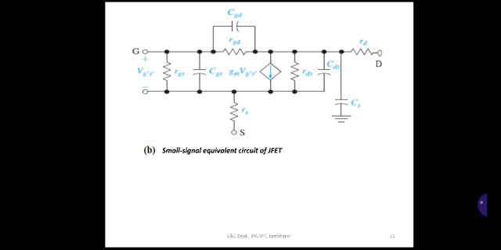The gate to source junction is reverse biased for depletion mode devices and has only a small forward bias voltage for enhancement mode devices.